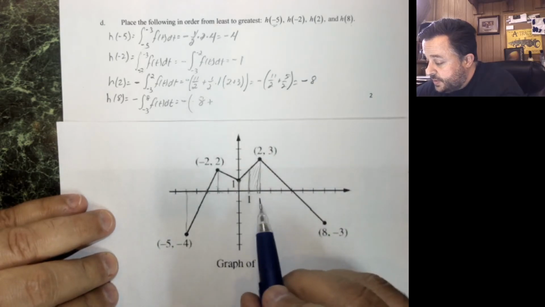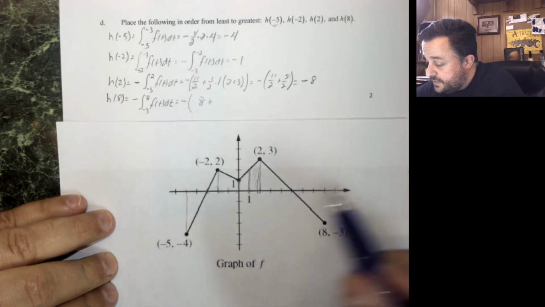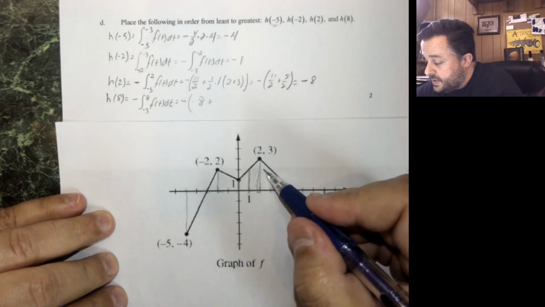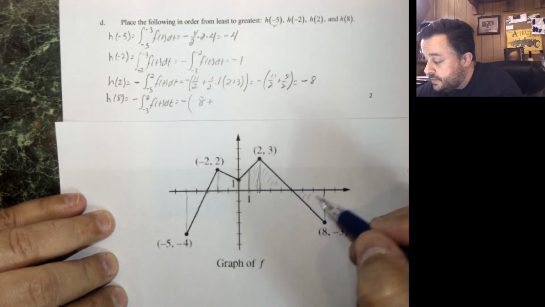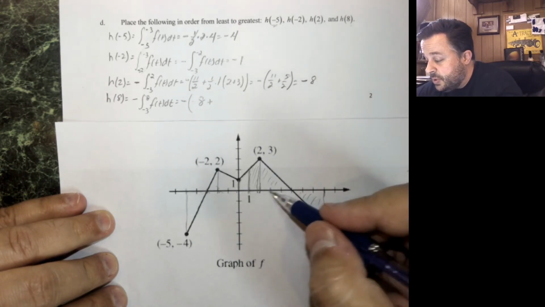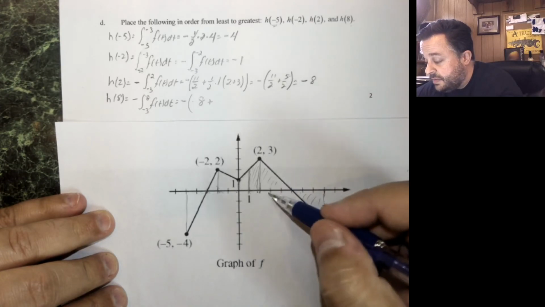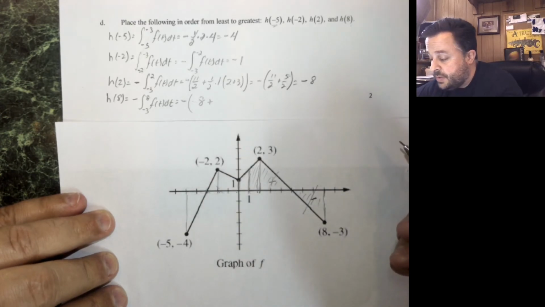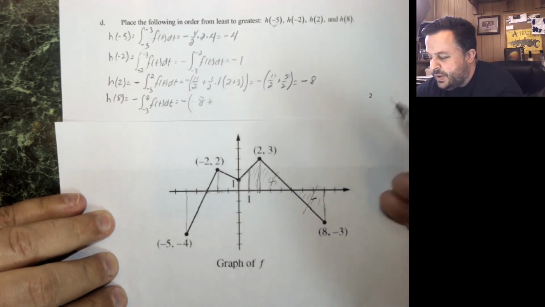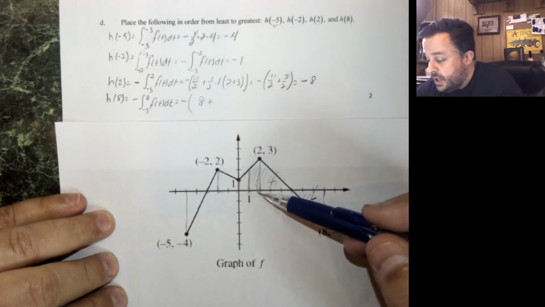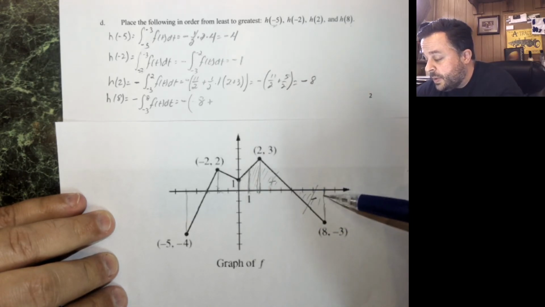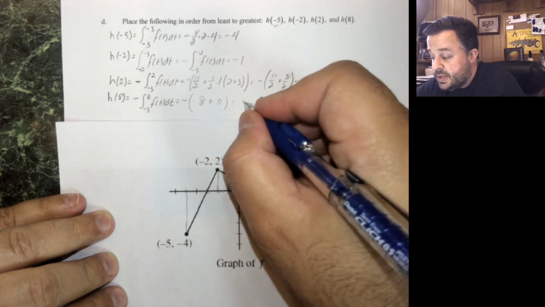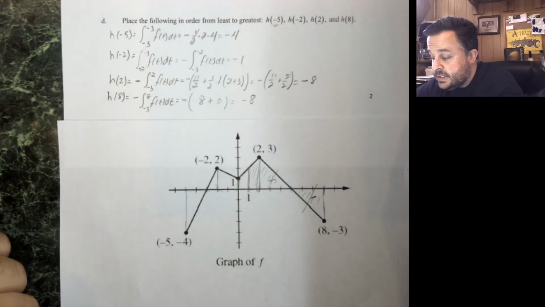And then what I need to do is look at the area from positive 2 to positive 8. One thing you can do is notice that this section right here and this section right here are congruent. They both are triangles with a base of 3 and a height of 3. This area would be positive, this area would be negative, so they will cancel each other right out. So we don't pick up any additional area from positive 2 if we go all the way to positive 8. So we can just say that piece is 0. So I get negative 8.